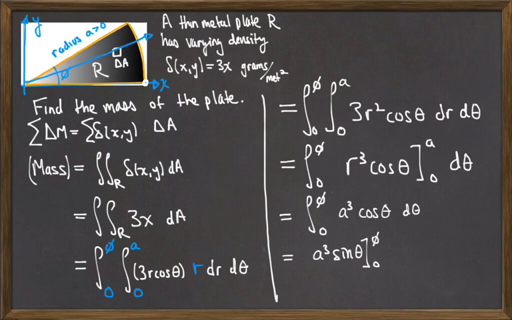Sine of theta is the antiderivative, and I need to evaluate that between 0 and phi, so I plug that in for my angle theta. And it's going to be a cubed sine of phi, and sine of 0 will be 0, so I don't see that term, and that quantity is in grams. That's the mass of this thin little plate with that varying density.